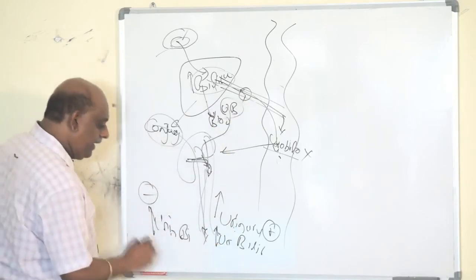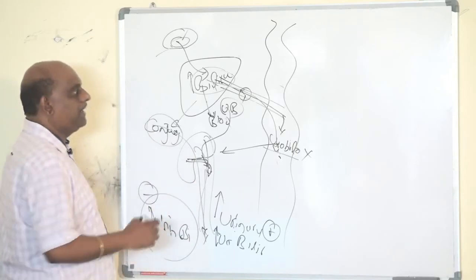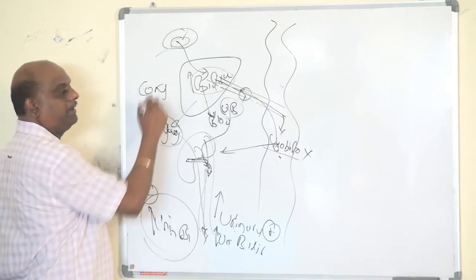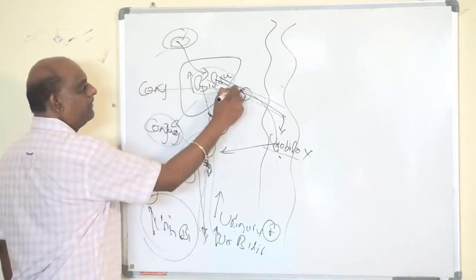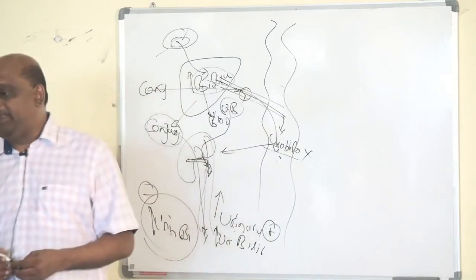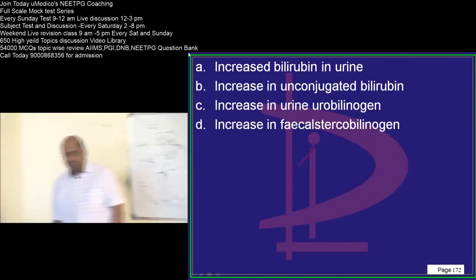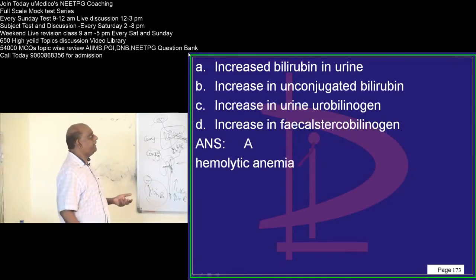Then if you find bilirubin in the urine, that means it is a conjugated hyperbilirubinemia, which is the typical feature of obstruction. That is how you basically interpret it, is what I would like to underscore to all of you. Hope it is very clear for all of you without any confusion. These are all simple concepts, but people carry tremendous confusion.